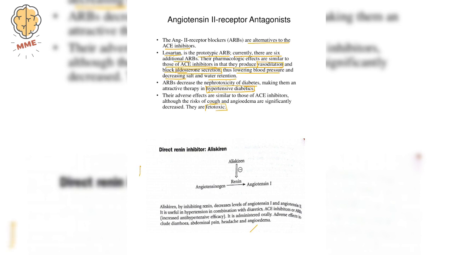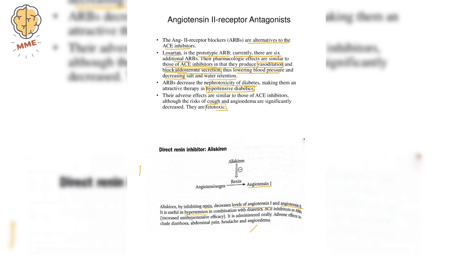Now, the second class of drug is the direct renin inhibitor, and that is aliskiren. As you can see, renin helps in conversion of angiotensinogen to angiotensin 1. Aliskiren, by inhibiting renin, decreases levels of angiotensin 1 and angiotensin 2.